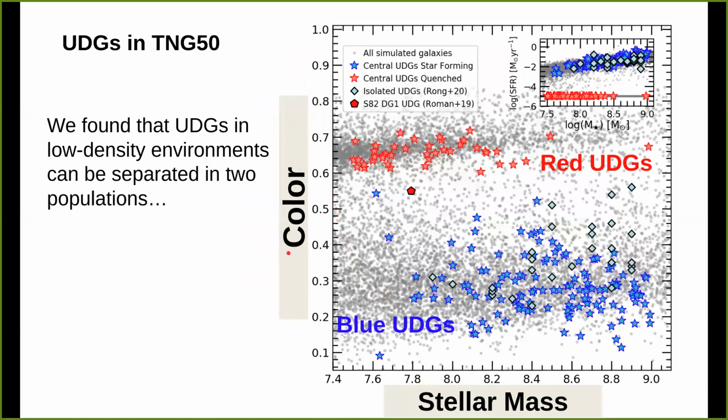In this plot, we have the relation between color and stellar mass. All dwarfs are indicated with gray dots in the background. And we include the star symbols for our sample of UDGs.